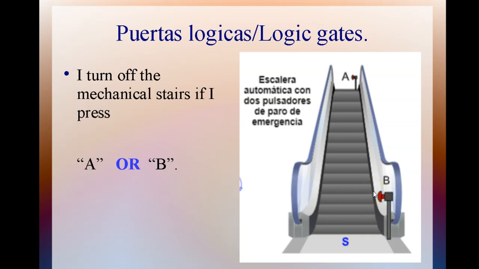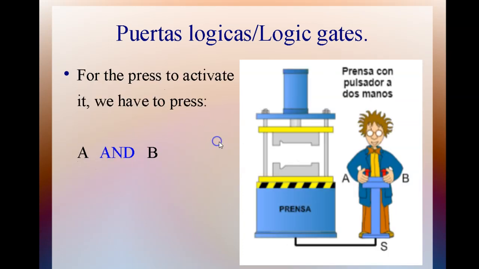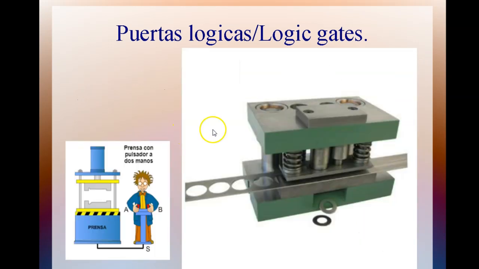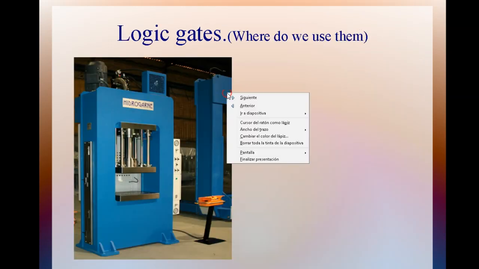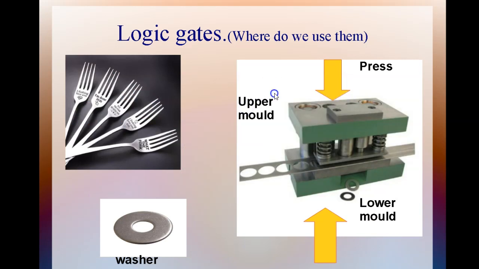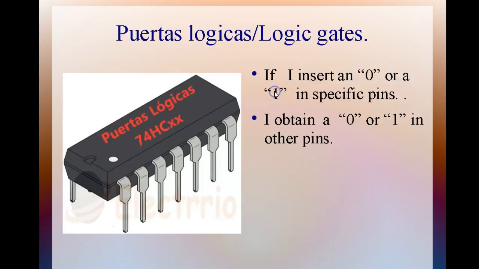So the need is a little bit different, but it will be covered with another integrated circuit, different but with more or less the same idea. The idea is that the integrated circuit will give us a response depending on the inputs. The idea is always the same.